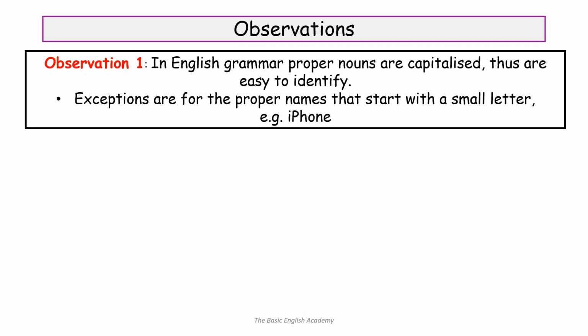Exceptions are for proper names that start with a small letter. As we can see over here, iPhone is a proper noun. It's the specific name of a specific phone. But because the name iPhone itself starts with a small letter, this is an exception to that rule that we stated earlier on, that all proper nouns in English start with a capital letter.